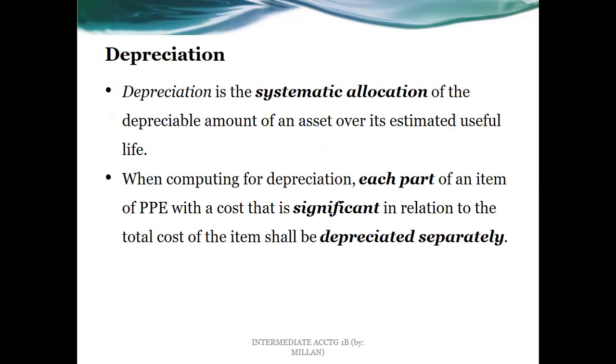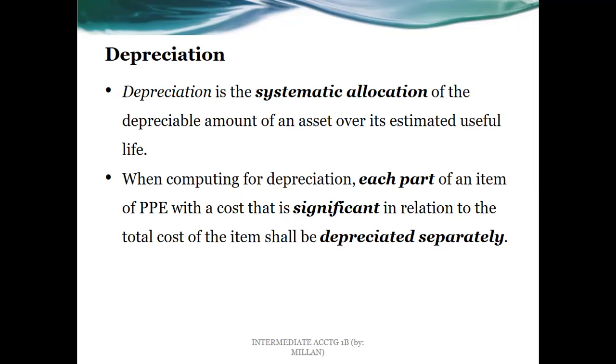Say, for example, the useful life of the asset is 10 years, so the PPE's cost would be allocated to the 10 years because it would benefit those years. It would be unfair for the company to expense that outright and would affect the profit or loss.